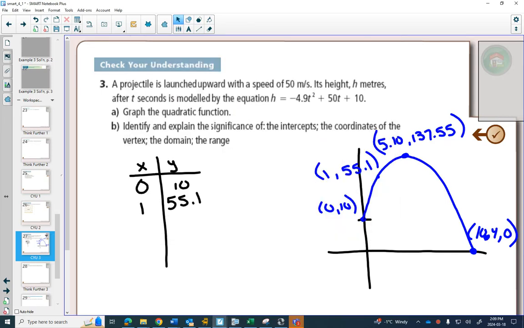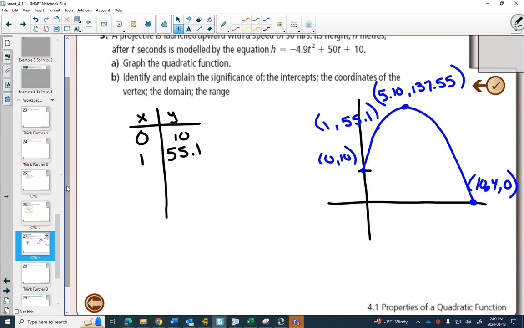So, we've got our picture, we've labeled some points. We are now going to explain and identify the significance of different things. First of all, the y-intercept.